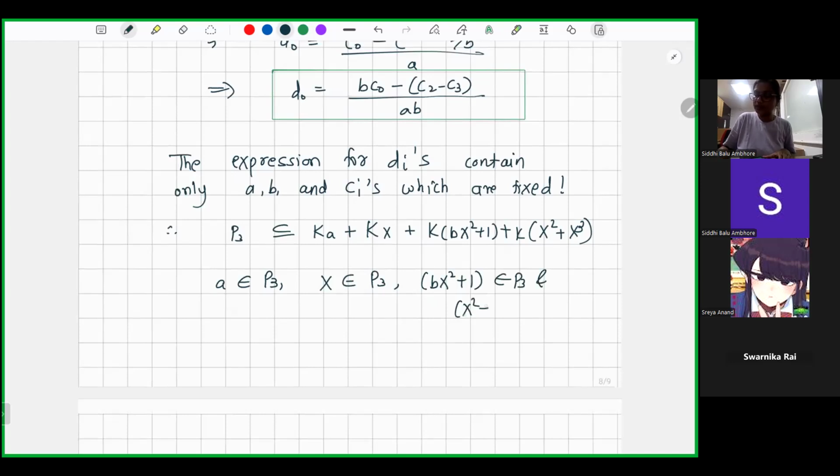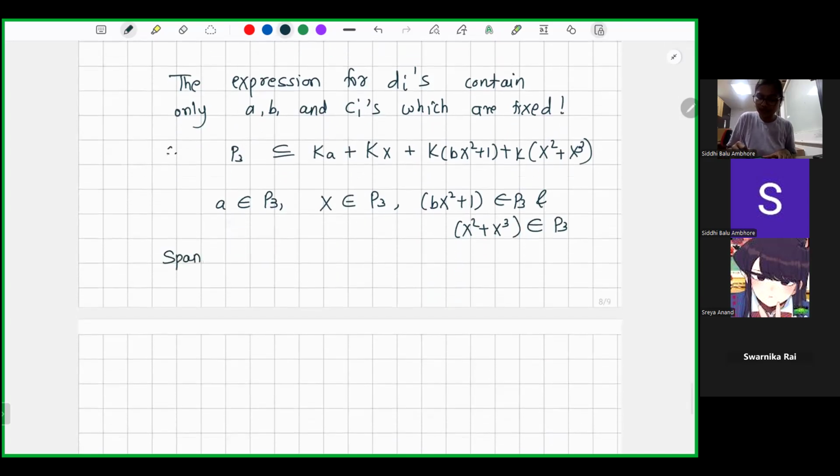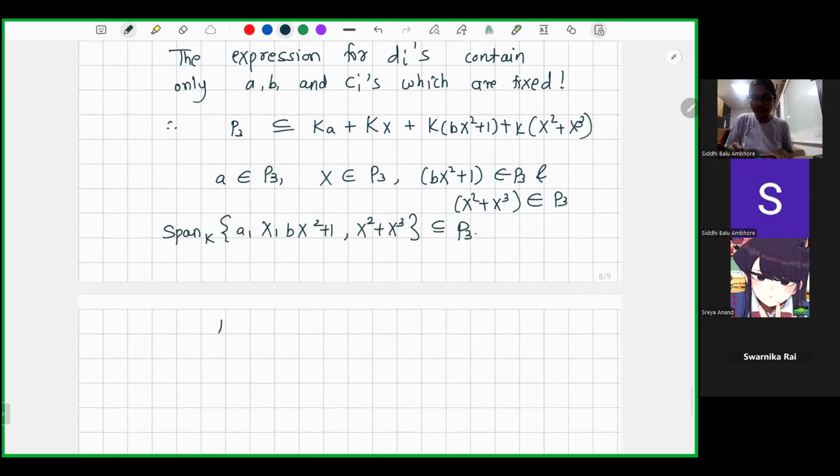And x square plus x cube belongs to P3. So this span over K of a, x, bx square plus 1 and x square plus x cube is contained in P3. And the moment I have all this information, I can say that P3 is exactly equal to this span.